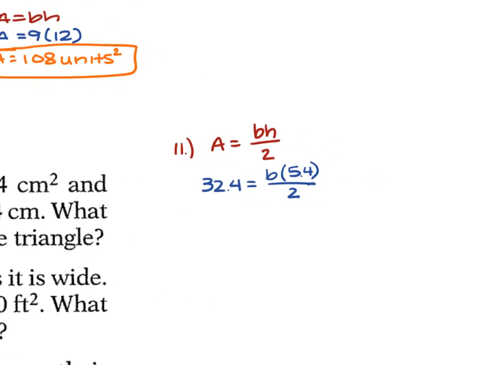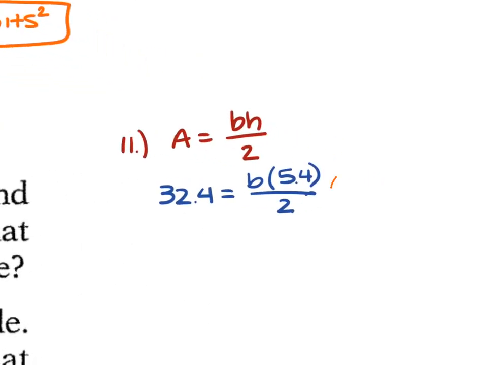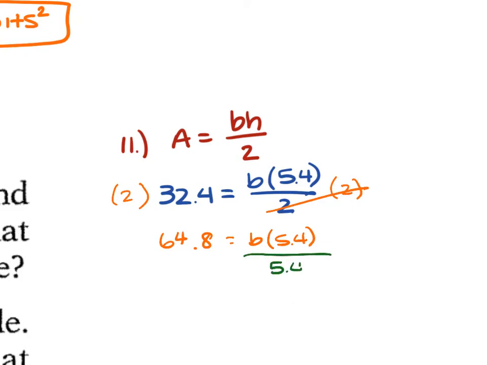To solve this for b, we are going to multiply each side by 2. These are going to cancel out. 32.4 times 2 is going to give us 64.8, so 64.8 is equal to your base times 5.4. So we're going to divide each side by 5.4.